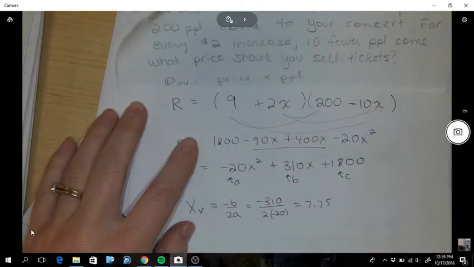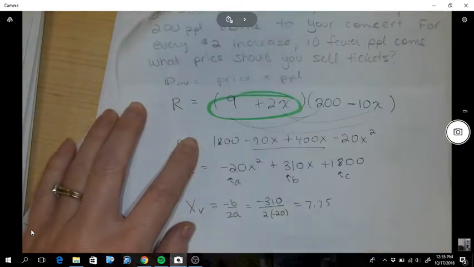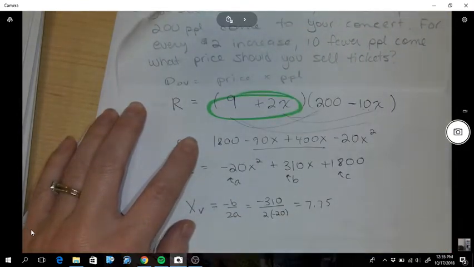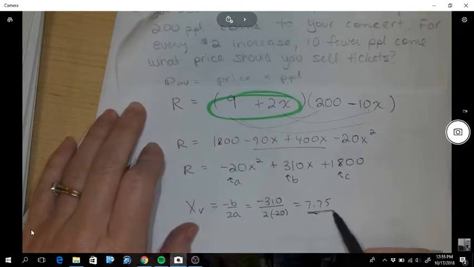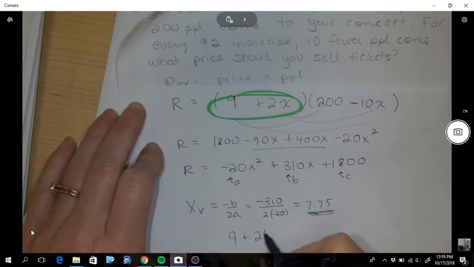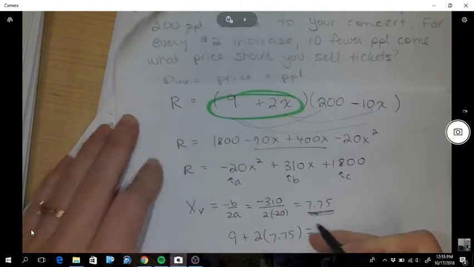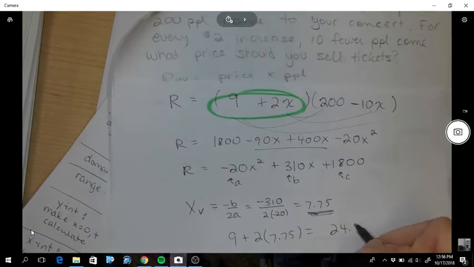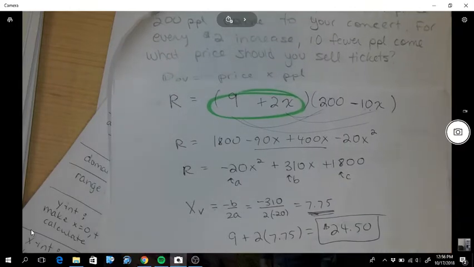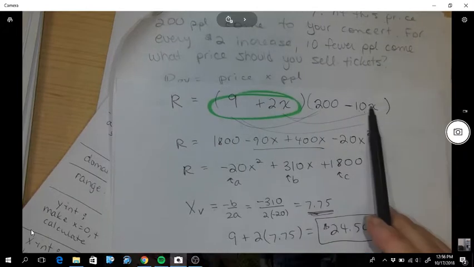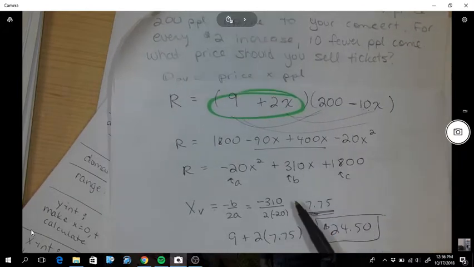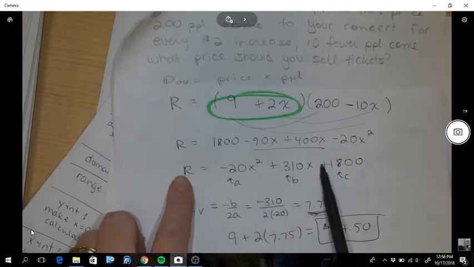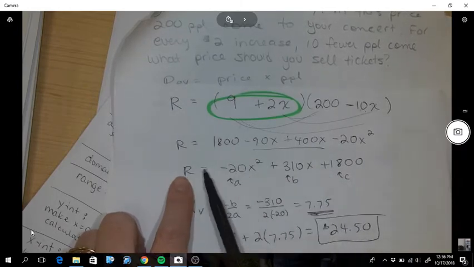The price is right there, the 9 plus 2x, and now I know the x value. So 9 plus 2 times x comes out to $24.50. If I wanted to know how many people attended, I would have plugged x in right here and done this calculation. If I want to know revenue, I would have plugged x into this line and calculated what it would equal.